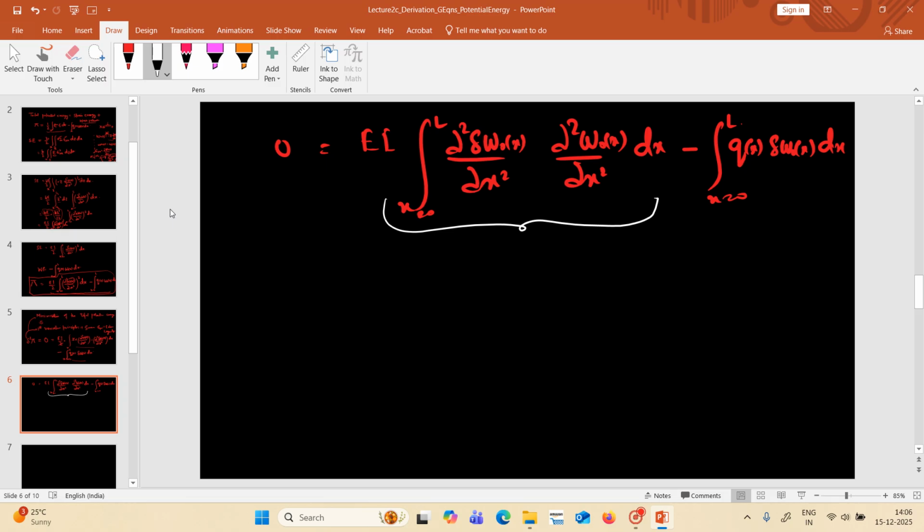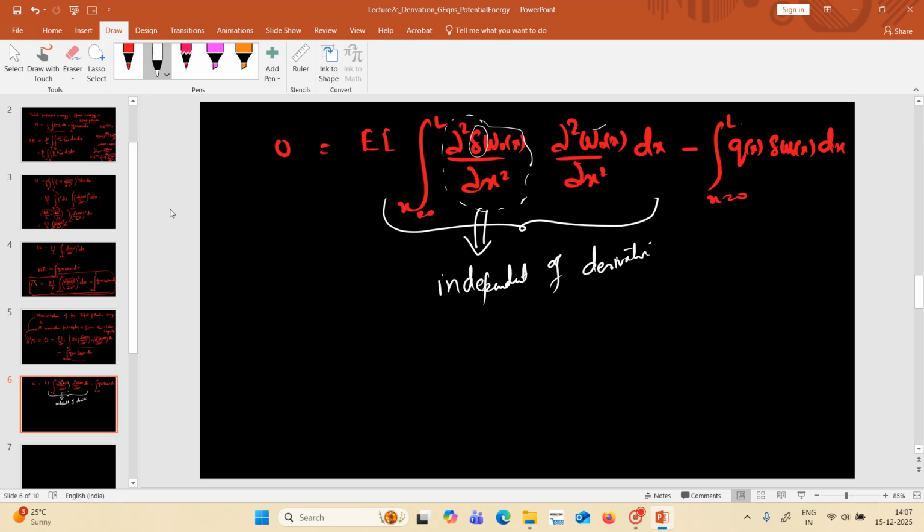Where I told that the finite element method we will use at this stage. Just the same way, here you see the variational part is there, and here it is independent of that. So we have to make this part independent of derivatives.